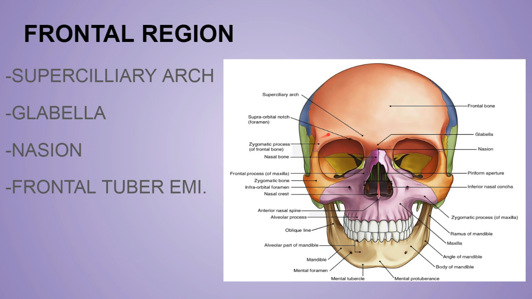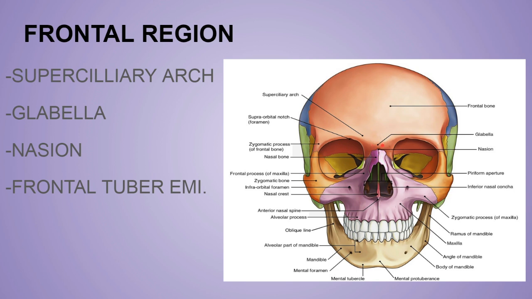Now next is the glabella. Glabella is actually the median prominent part. In between these 2 superciliary arches, there is one median part over here. As you can see, this is the glabella. And below the glabella, the skull has the frontonasal suture. This is the frontal bone and this is the nasal bone.